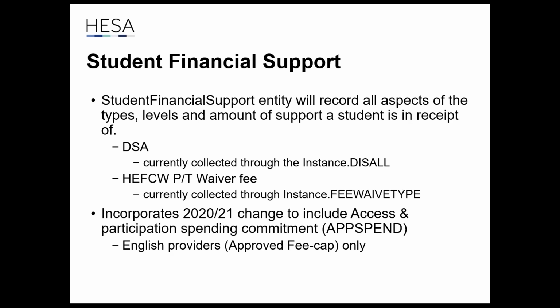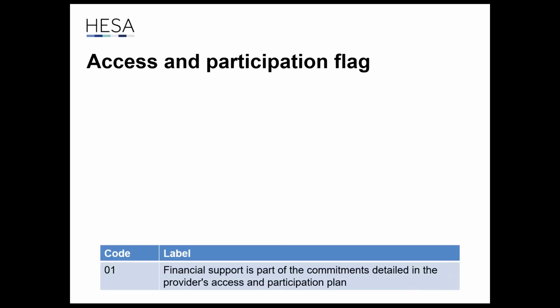This also includes the 2021 change, which is published on our notification of changes on our website if you want to go check that, which is a new requirement for English providers only. And I will just quickly touch on that one, given it's a new requirement.